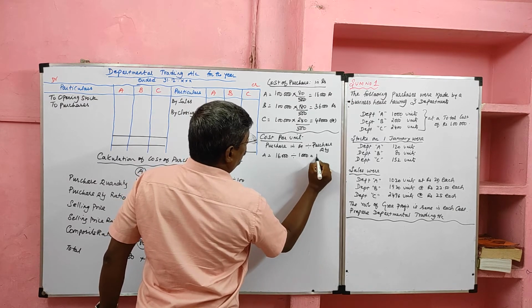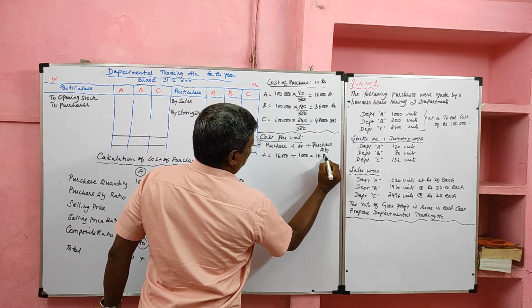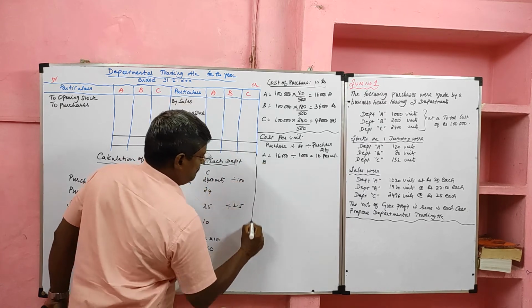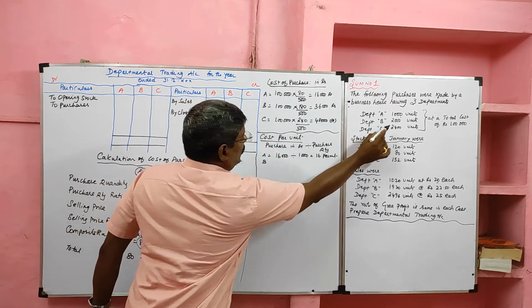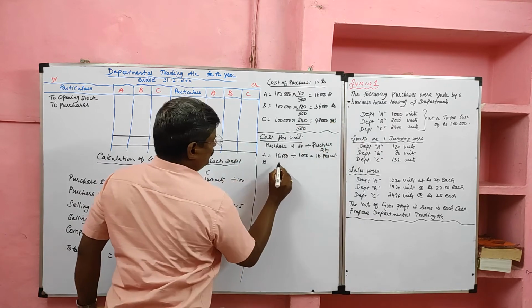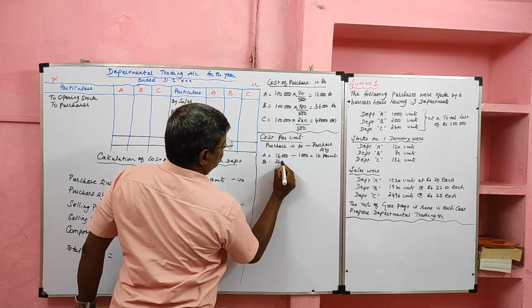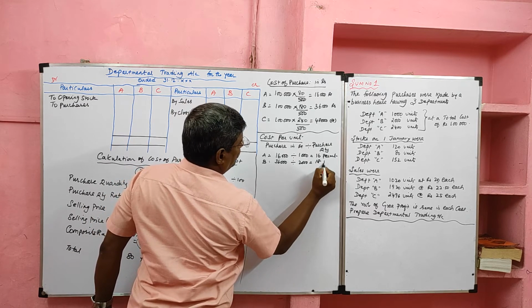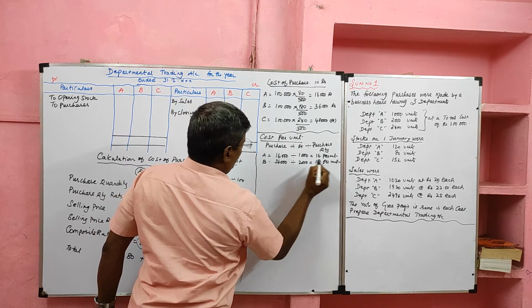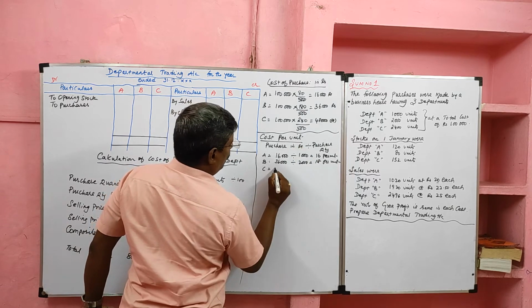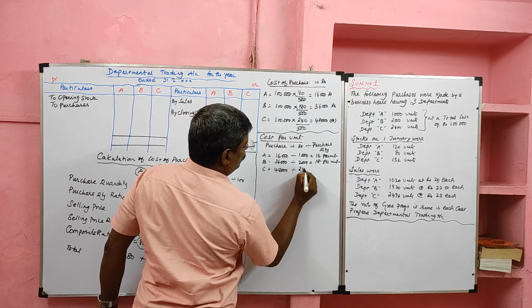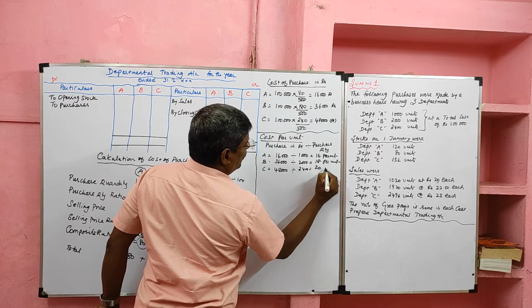So the cost per unit is rupees 16. Then for B, they bought 2000 units for rupees 36,000. So 36,000 divided by 2000, we get 18 per unit. Then for C, they bought for 48,000. They bought 2,400 units. So cost per unit is 20.